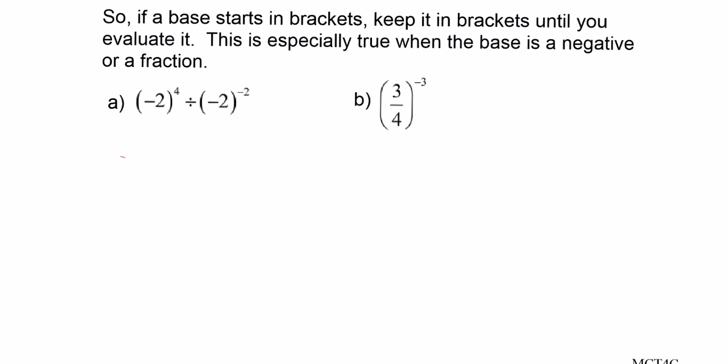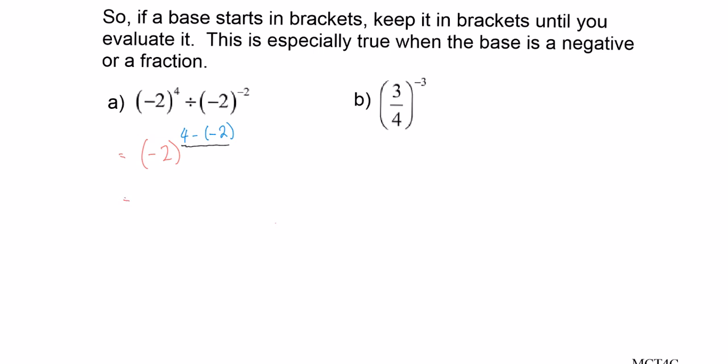So we now have -2 raised to the, well, let me just write it in blue. 4 minus, wait a second. Not -2. This is what you guys make a mistake with, and I sometimes make it too. Minus -2. You punch this part here in your calculator and find out what that answer is.